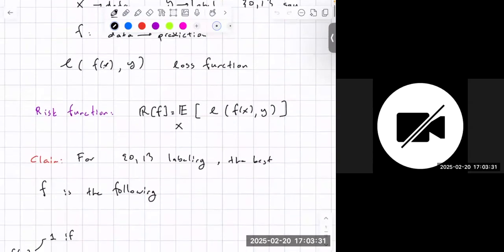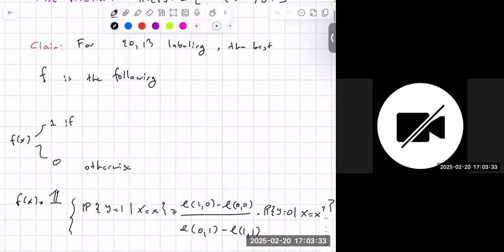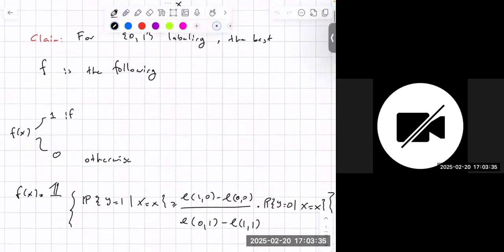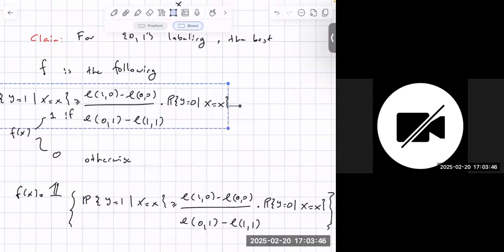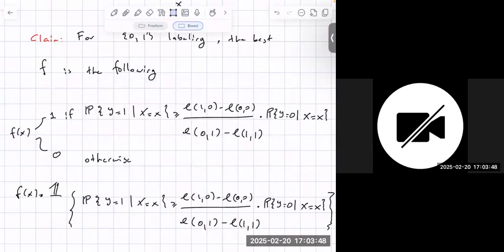And the best bet turns out to be the following predictor. You got your data point X, you're going to predict 1 or 0, okay? Suppose you know everything, right?